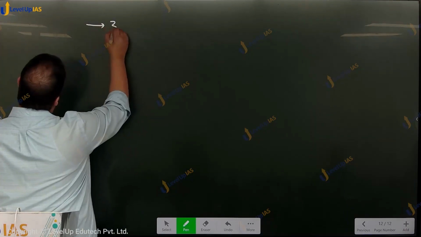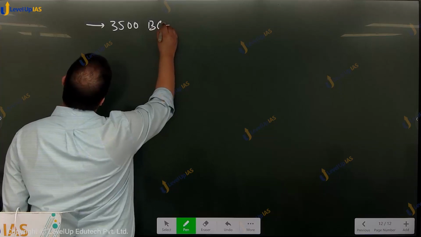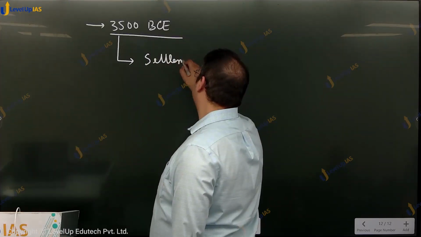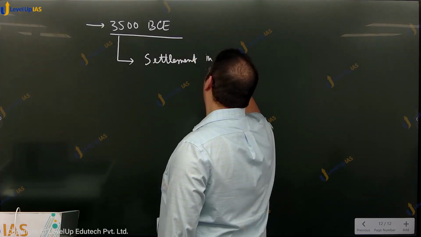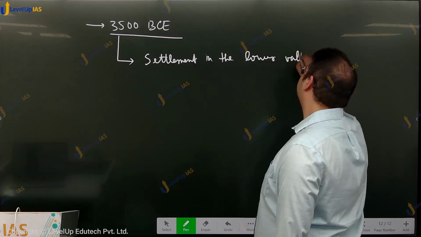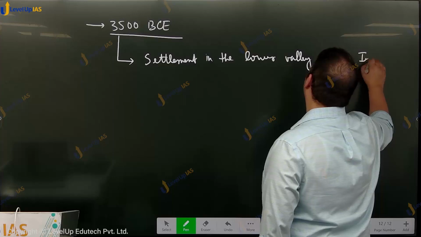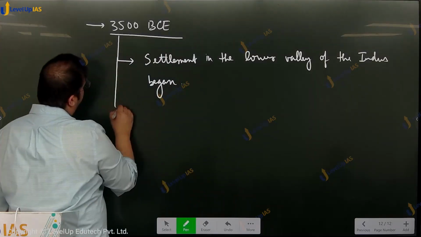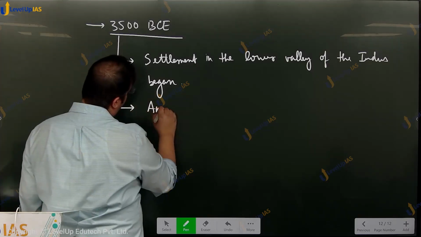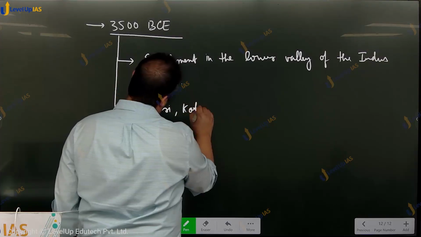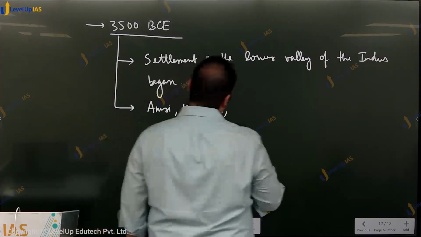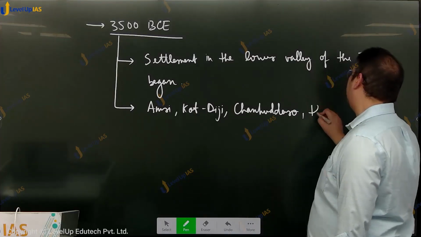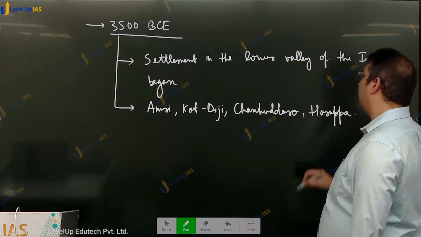From around 3500 BCE, settlement in the lower valley of the Indus began at places such as Amri, Kot Diji, Chanhudaro and Harappa, right?